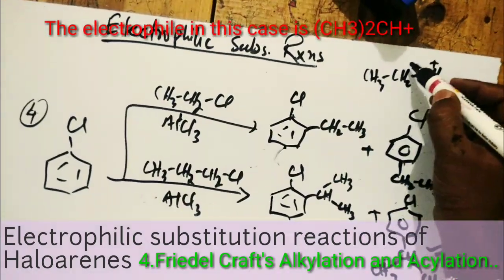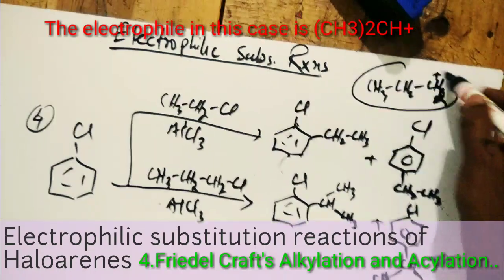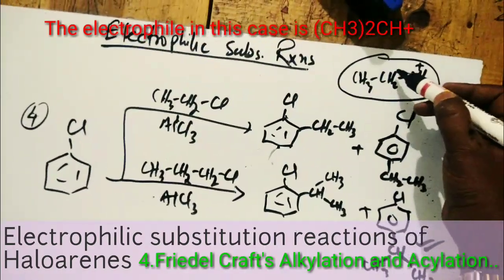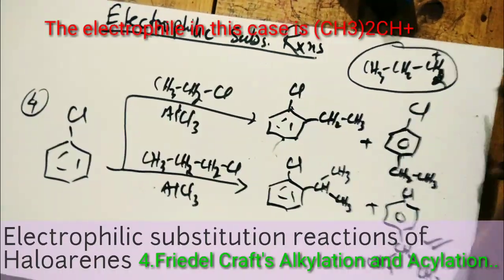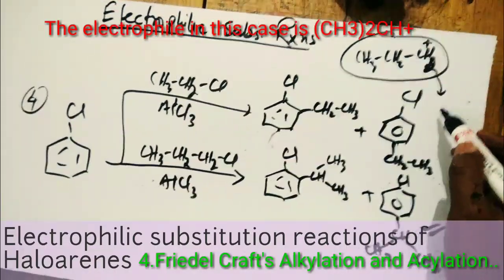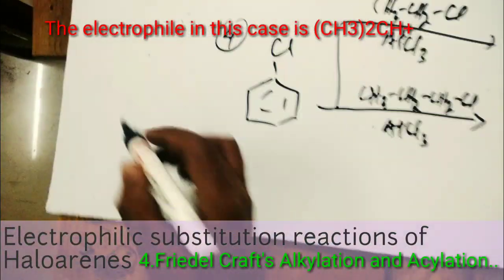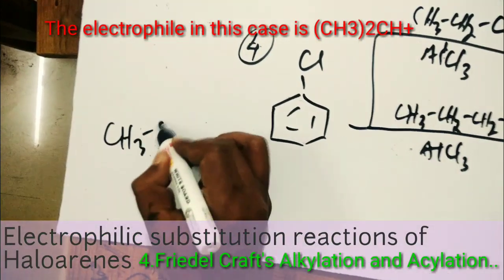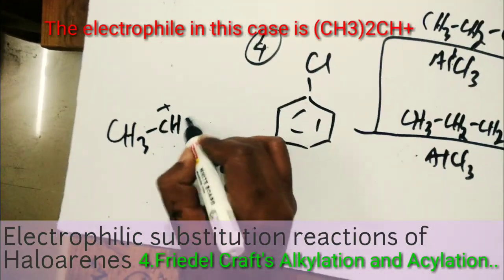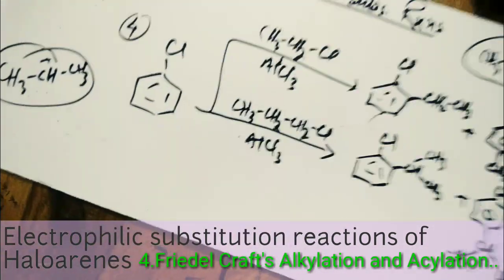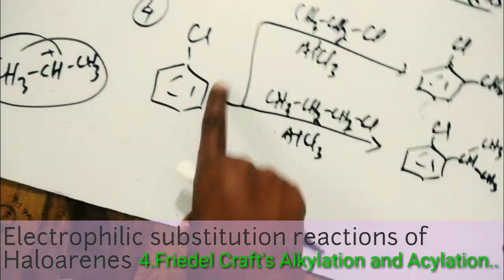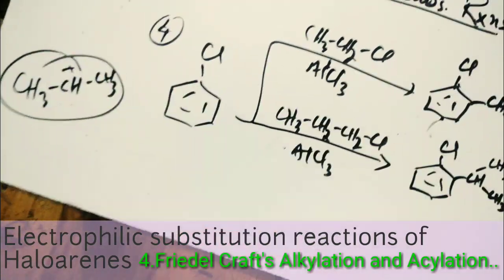So a rearrangement can take place to form a secondary carbocation by shifting this hydride ion, which will actually look like this. So this will be the electrophile that attacks the ortho and the para positions of this chlorine.